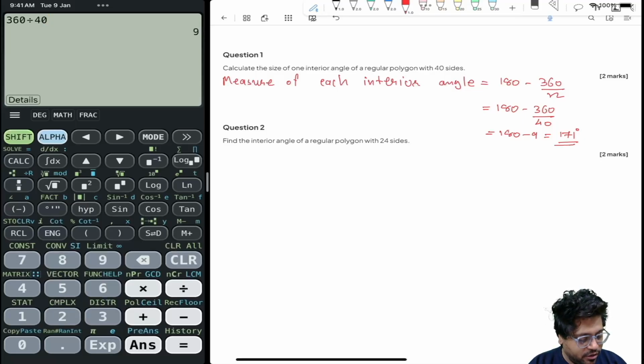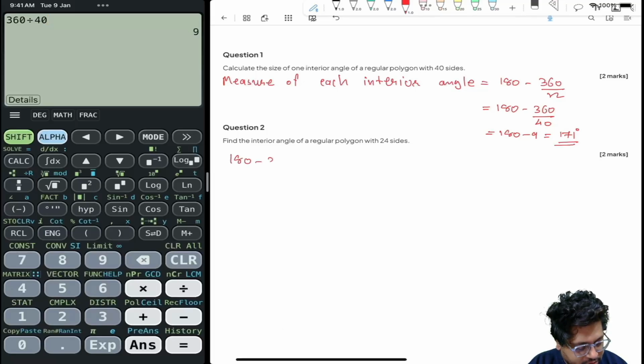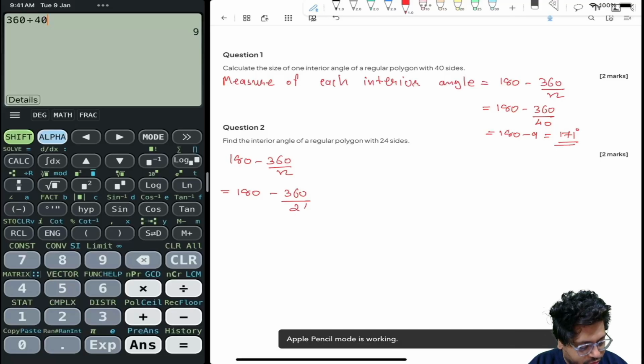Find the interior angle of the polygon with 24 sides. So find the interior angle of the regular polygon with 24 sides. Here also the same: 180 minus 360 upon n, but instead of n I'm using 24, so 180 minus 360 by 24.